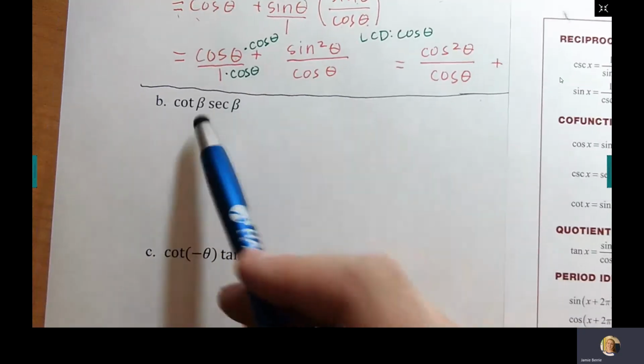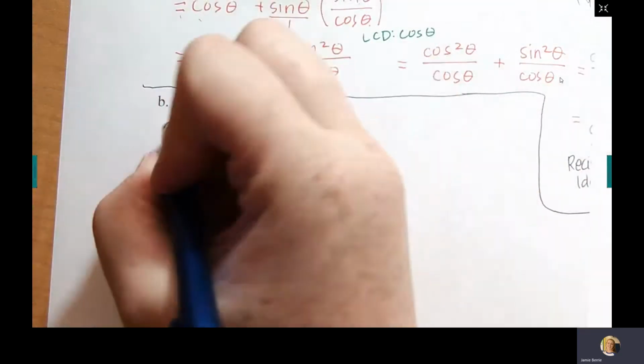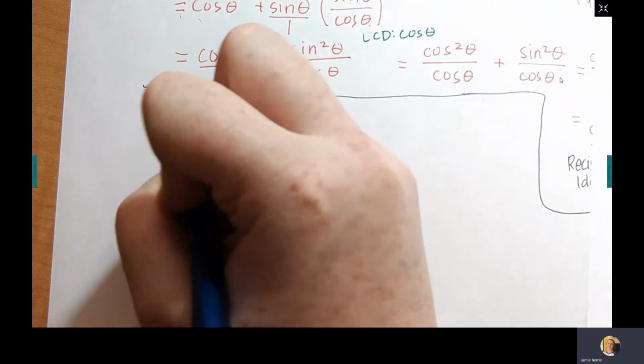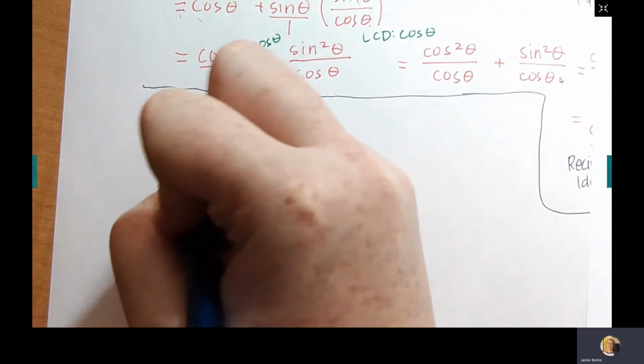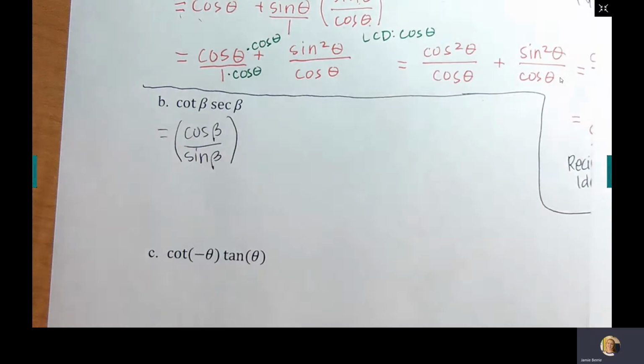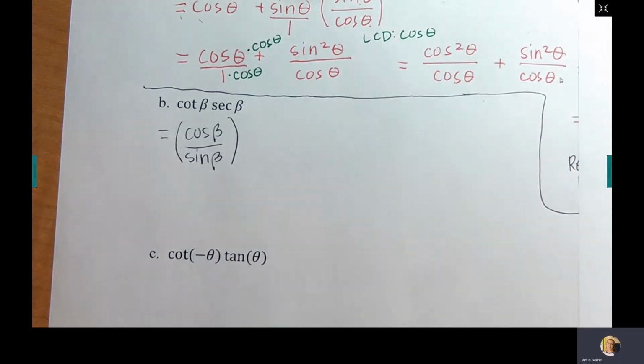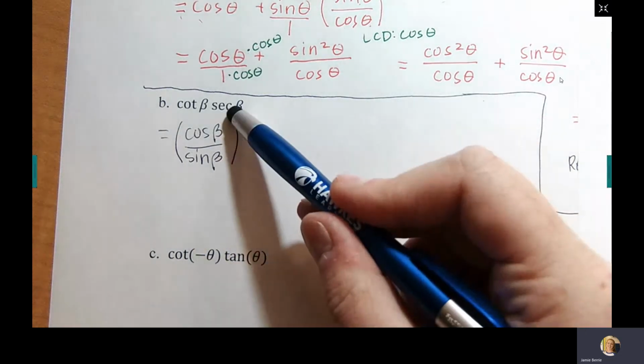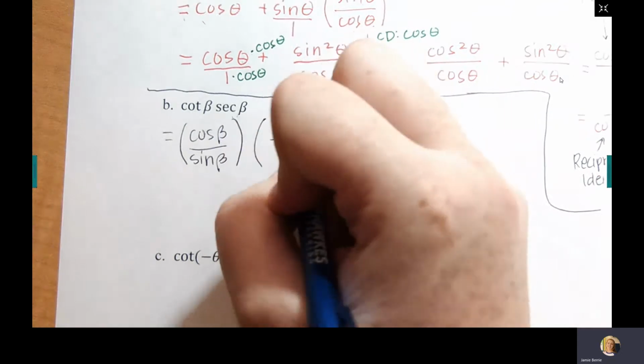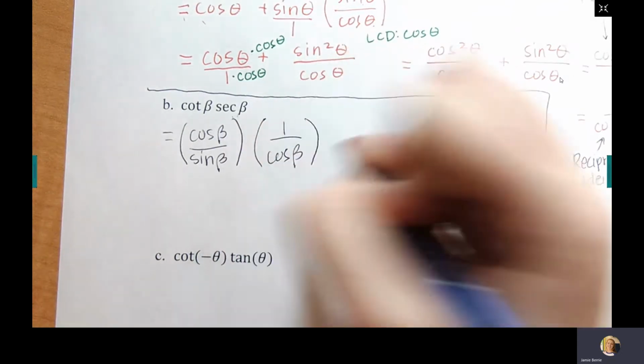So I could rewrite cotangent as cosine over sine. So cosine beta over sine beta. Just be careful, make sure you're not losing your angles whenever you write these identities or replace these expressions with their identities. And then we said that secant could be written as 1 over cosine. All right, so that's 1 over cosine beta.